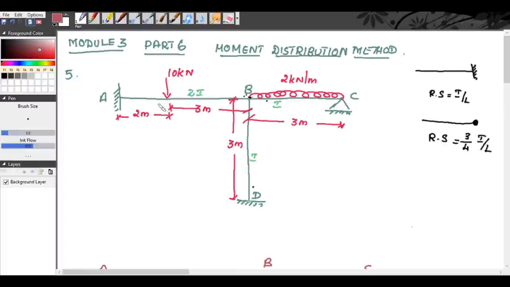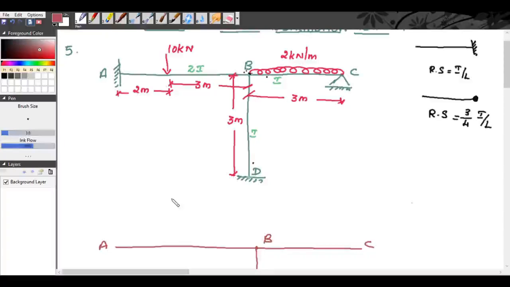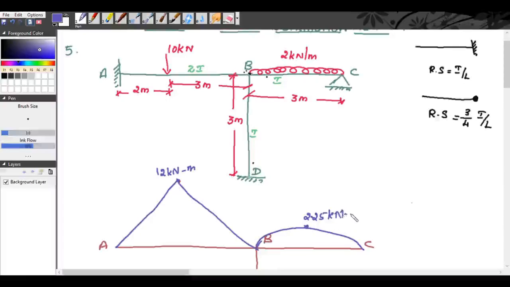So, in AB, the maximum moment is where the concentrated load acts. So, here, right? So, this is 12 kilonewton meter, and in BC, because of this UDL, we will have a parabolic shape, and the intensity is 2.25 kilonewton meter.